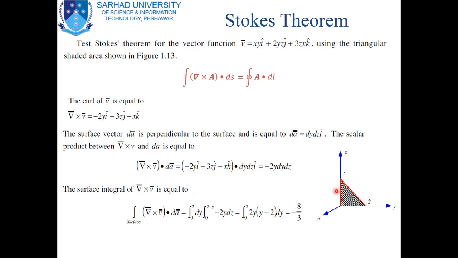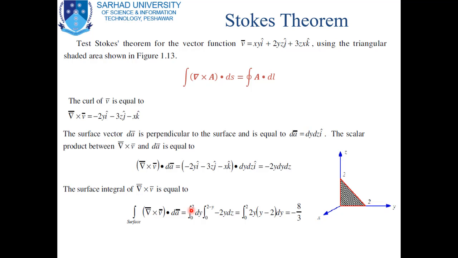So this is made by the y and z components, and it is parallel to the x-axis. Now we will take the dot product of this surface element with the curl of vector v, and we will have minus 2y dy dz. And now we will integrate this function from 0 to 2.